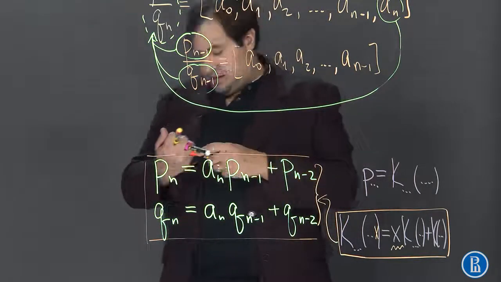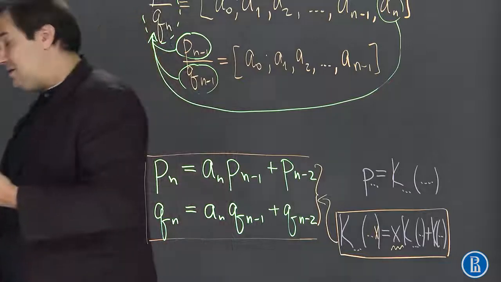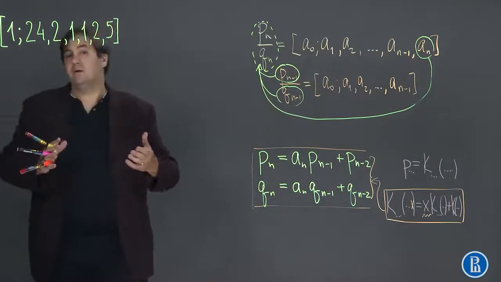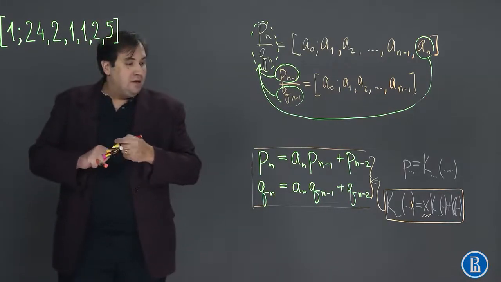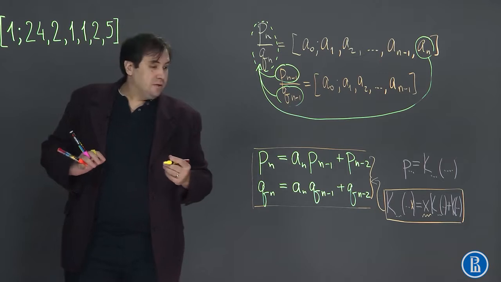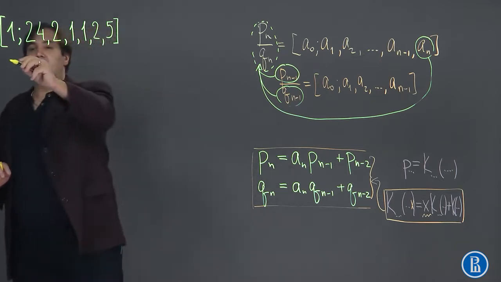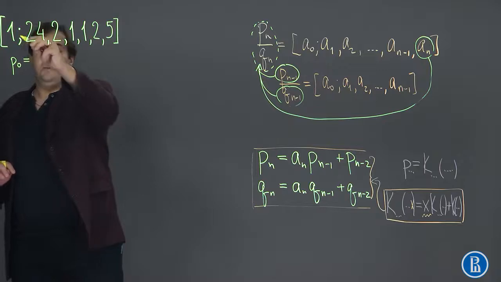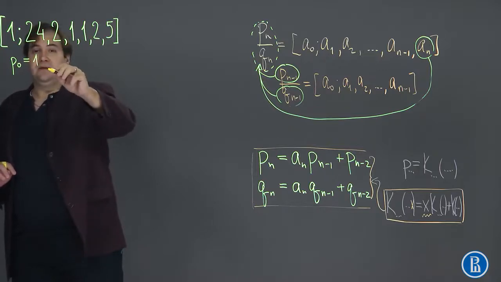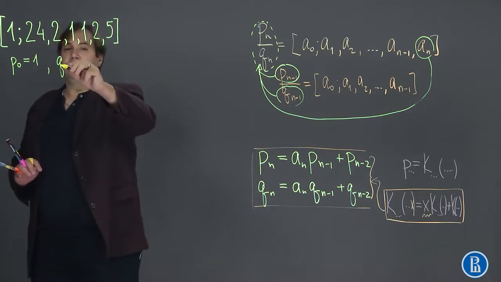Now let's check whether this really helps find the value of a continued fraction. We need to start from p0 and q0. Well, p0 is equal to 1, and q0 is also equal to 1.